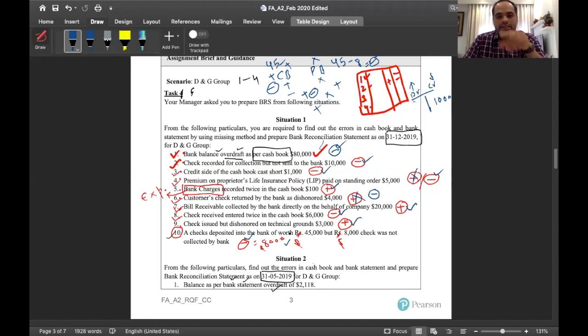All right. So that is your bank reconciliation statement, positive and negative. So now quickly tell me, what is the answer as per the bank reconciliation statement?